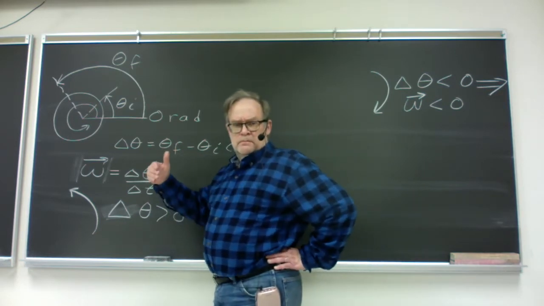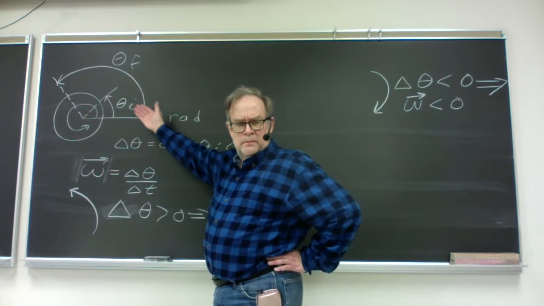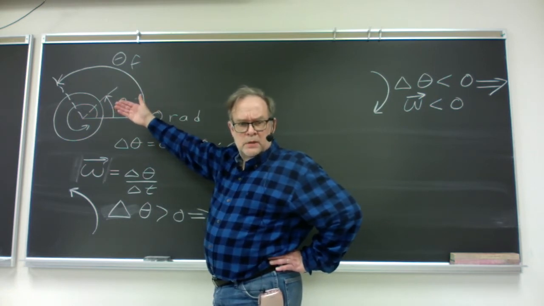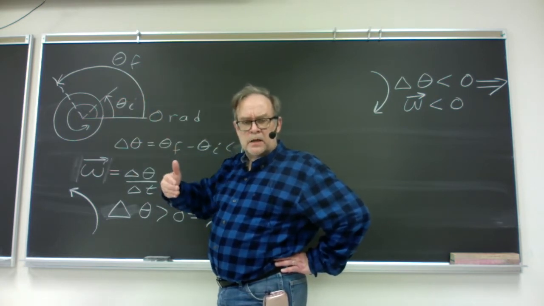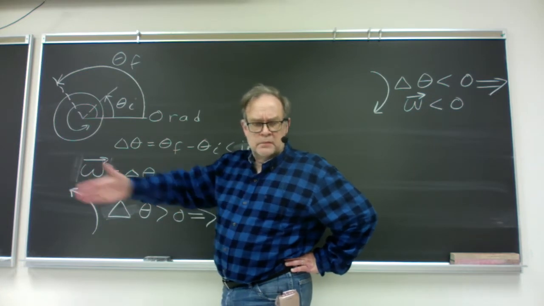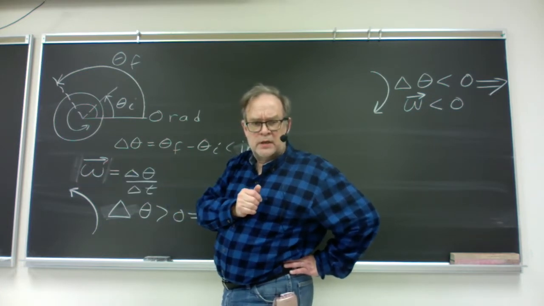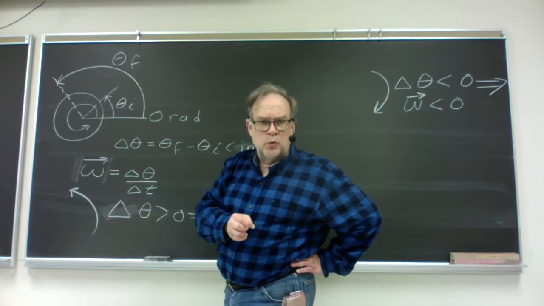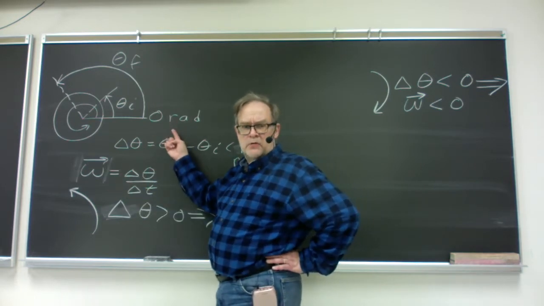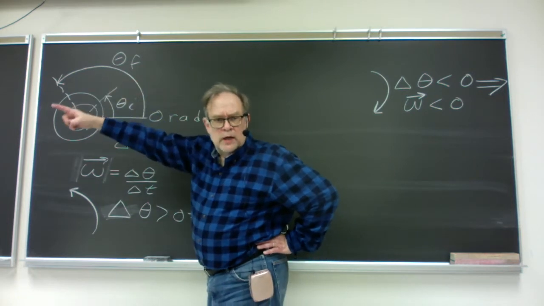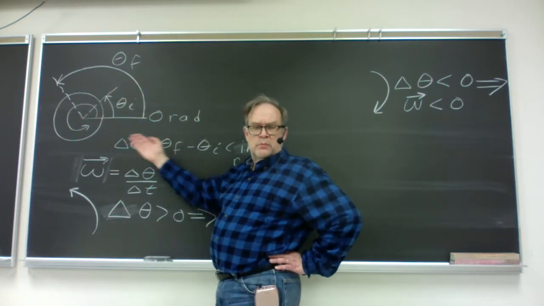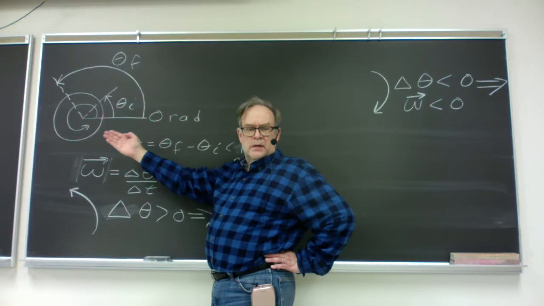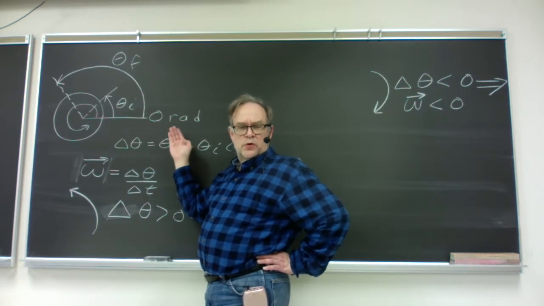So now instead of a position that we identify along a straight line, a position that we identify with a certain number of meters away from the origin of the coordinate system, now we have an angular location, a certain number of radians away from the origin of the coordinate system.